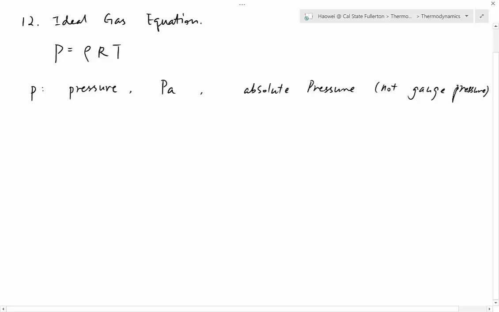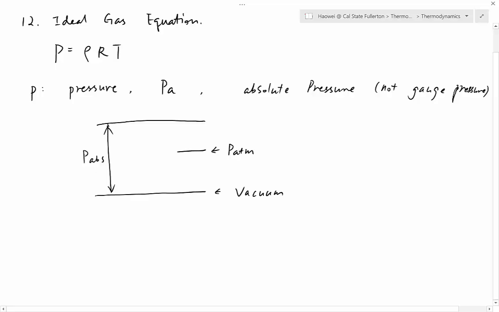Just to help you remember, what is absolute pressure and what is gauge pressure? If you use vacuum as the reference to measure your pressure, then the result will be absolute pressure. We call it P with a subscript ABS. However, if you use atmosphere as the reference to measure pressure, then the pressure you measure is called P gauge.